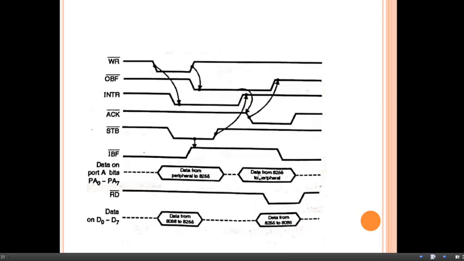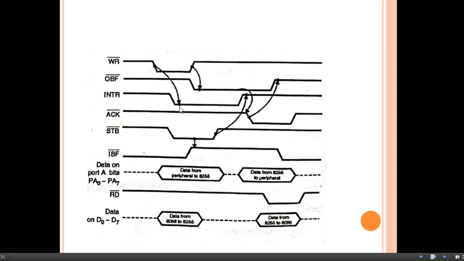These are the timing diagrams for mode 2. Here the output signal is given by 8255 to request CPU service. The INTR is generated in two different conditions, input and output. We can observe that write bar is activated, and once the write bar is activated, the INTR signal gets activated.